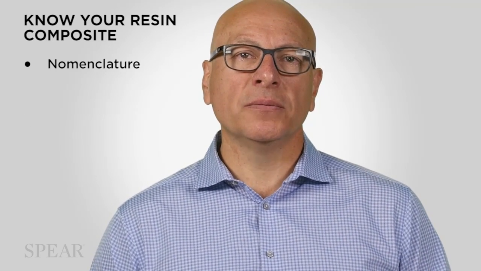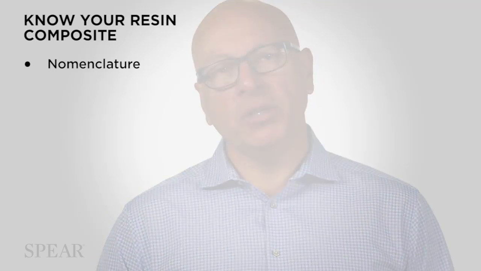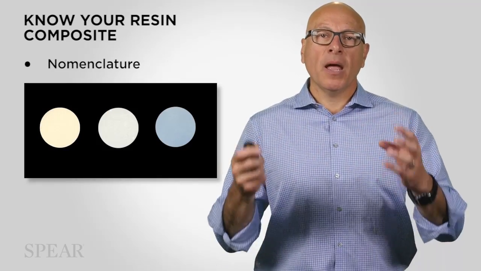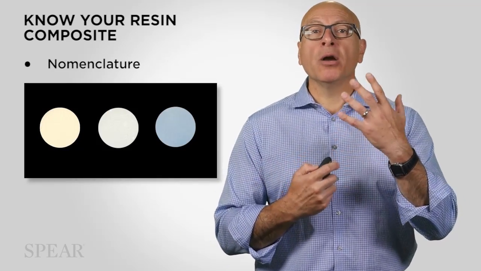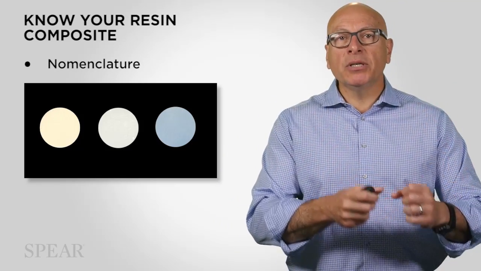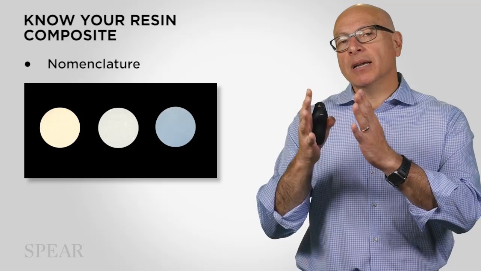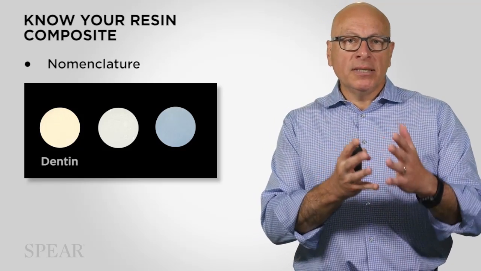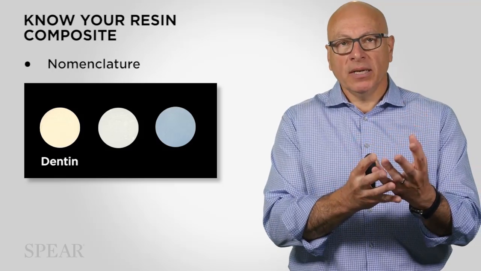What do I mean by nomenclature? Well, most manufactured materials will have three different types of materials by optical properties, meaning they have dentin-like materials, enamel-like materials, and clear, incisal, translucent materials. Obviously, the dentin-like materials are to replace dentin.